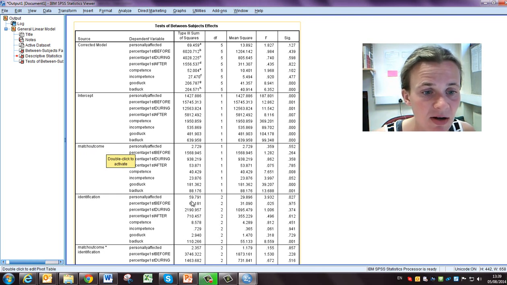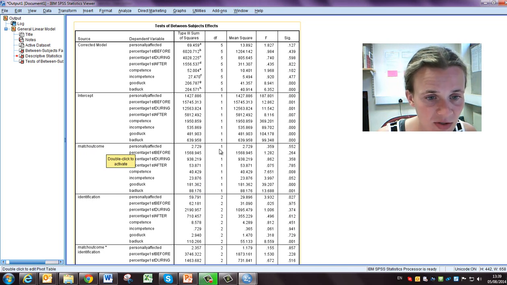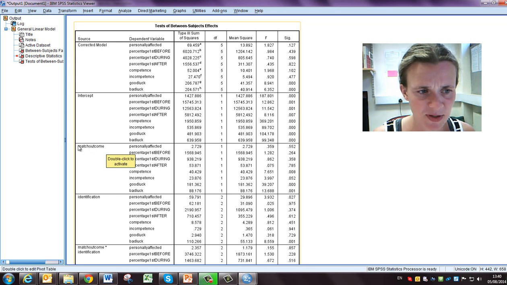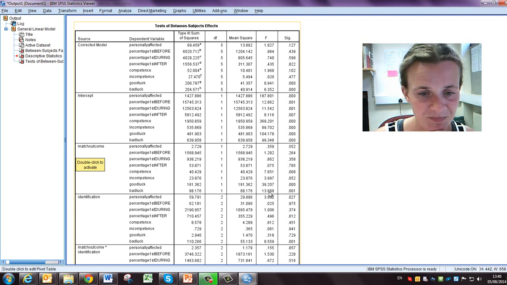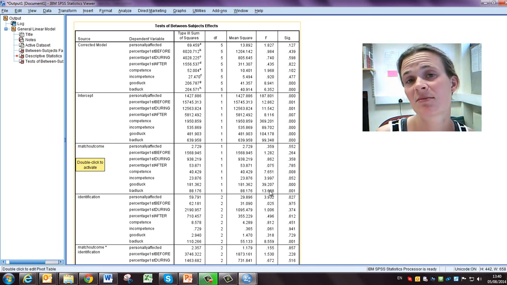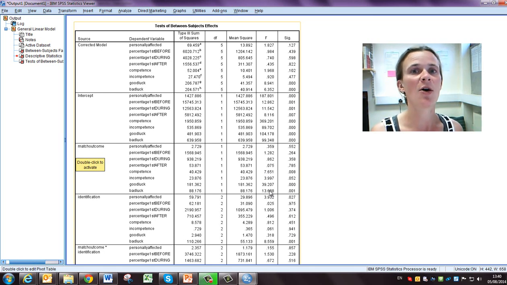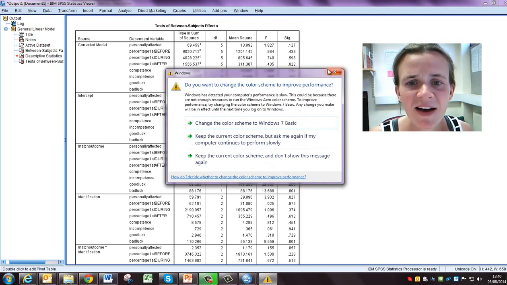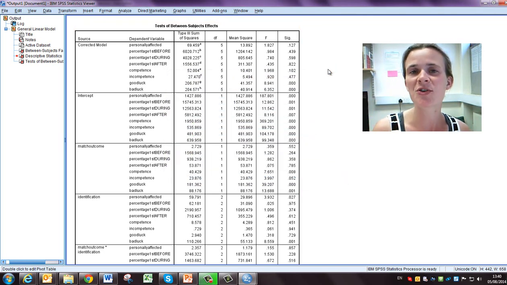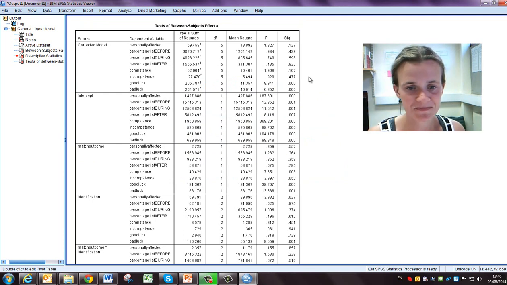Now these are the degrees of freedom for the effect for the independent variable. That's the mean square error, and this is our F value. The bigger the F, so the bigger the ratio of effect over random noise, the better it is.